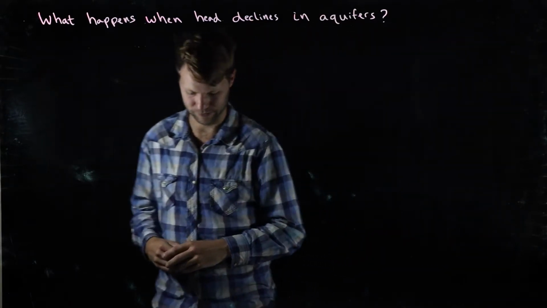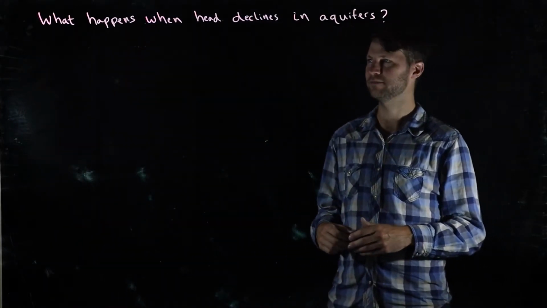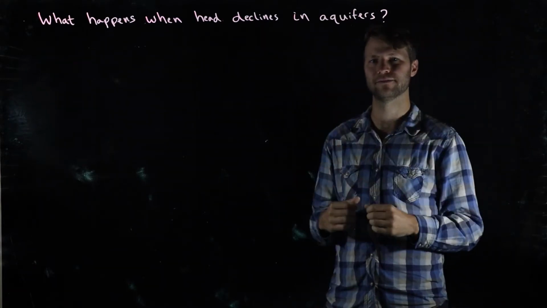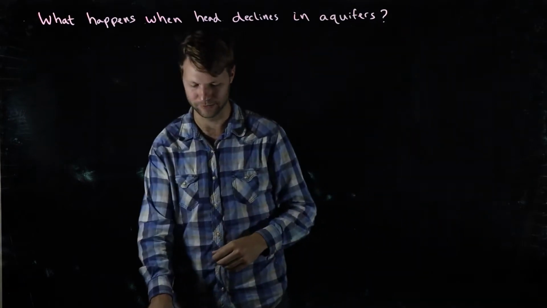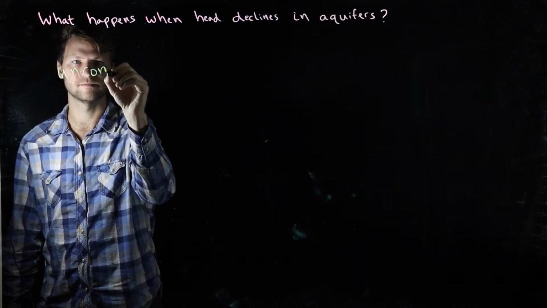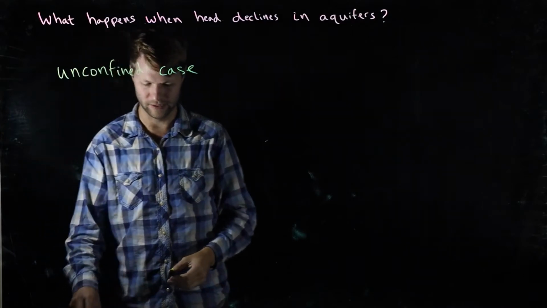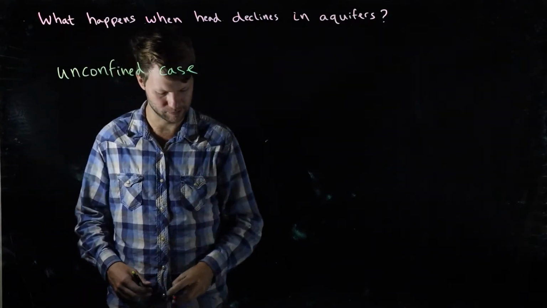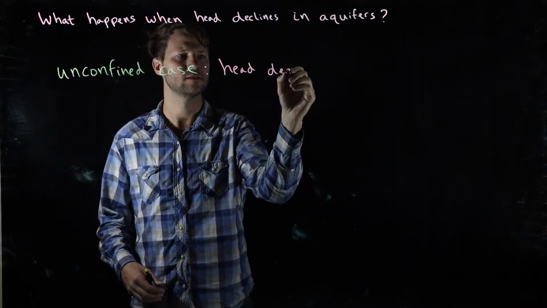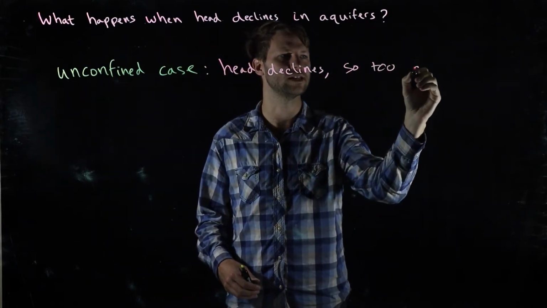field within that aquifer. And I think that you could probably have some intuition on this already, but it's going to be very different if we have a drop in head in a confined aquifer versus an unconfined aquifer. For example, in the unconfined case, where we just have a water table and that water table is at atmospheric pressure, when the head declines, so too does the water table itself.